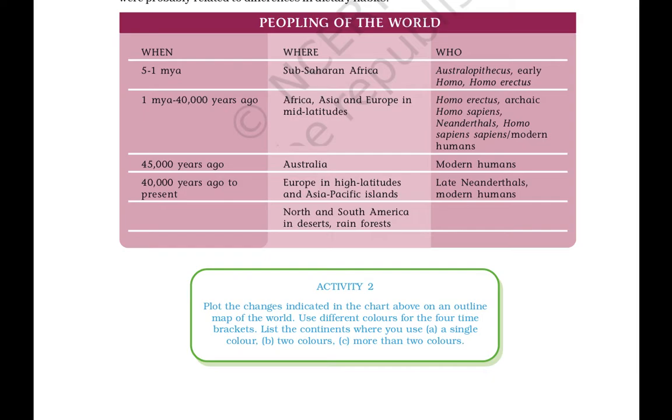People of the world, 5 to 1 million years ago. Sub-Saharan Africa: Australopithecus, early Homo.